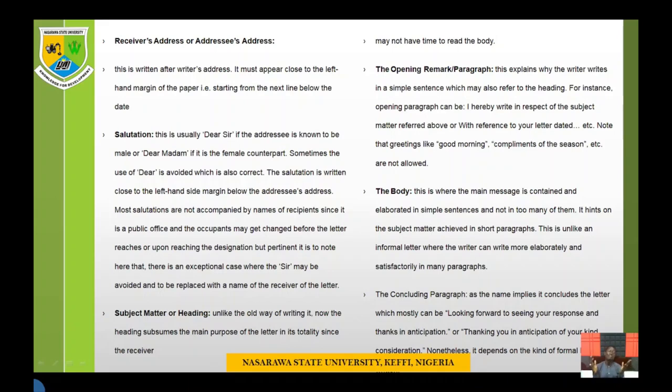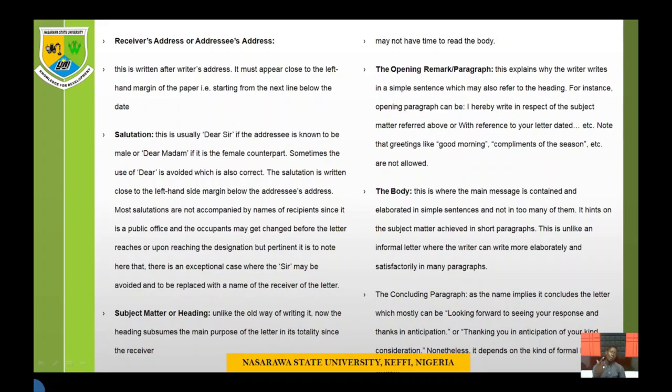But 95% of formal letters do not have names of the recipient, because you write to the VC or to the HOD, for instance, and you use the HOD's name. Before your letter reaches, they change the HOD and put another person. The person now occupying the office may not, in fact will not even regard the letter because it carries somebody's name and he's not that person. So this is where mostly we advise that you don't use names.